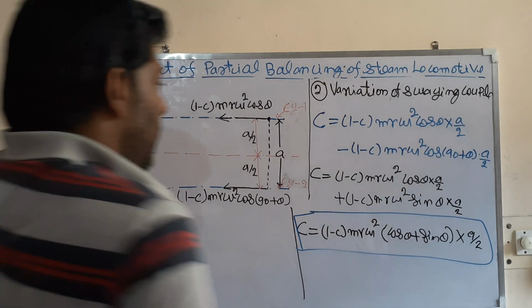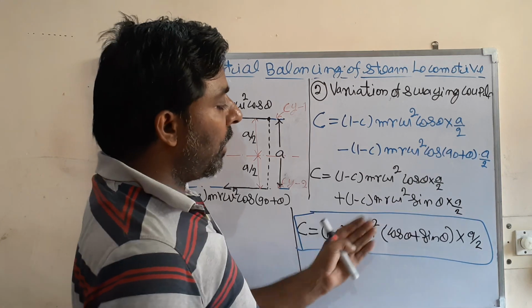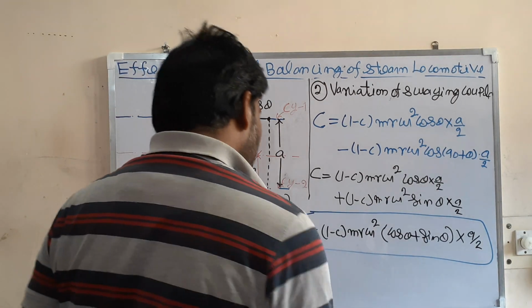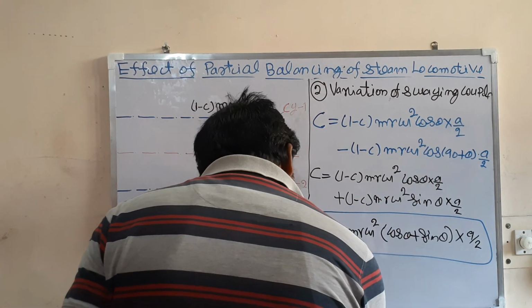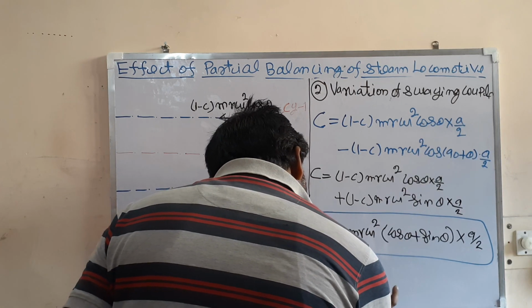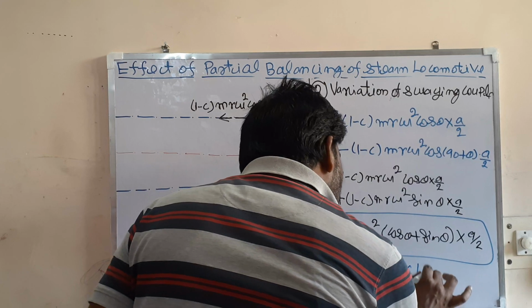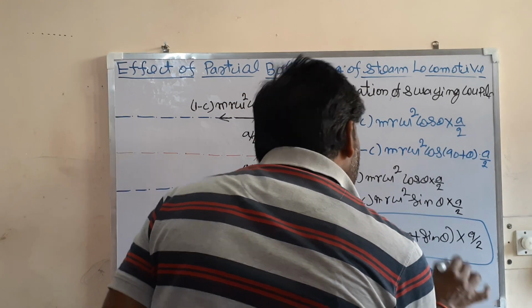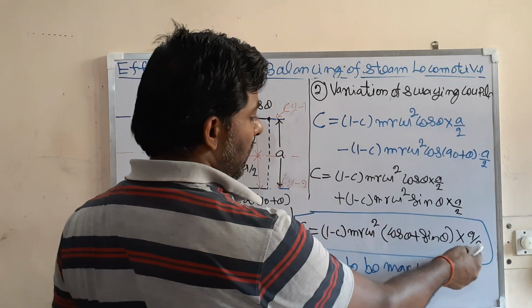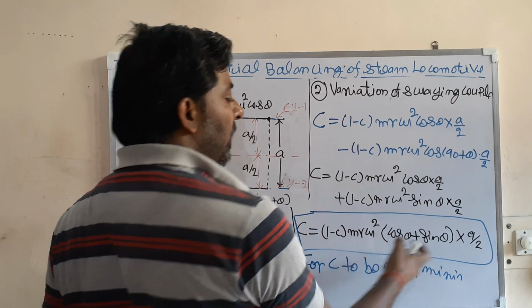Now the objective is to find out its maximum and minimum value. For C to be maximum or minimum, this is the constant, so this should be maximized or minimized.